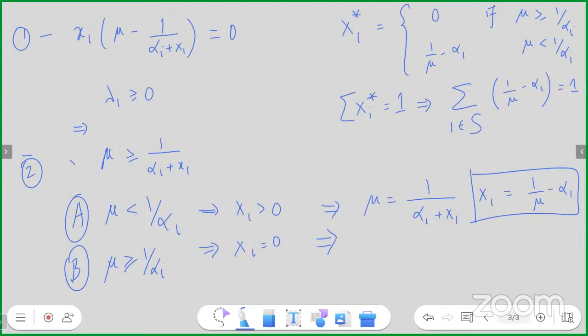How do you actually execute the program? Because how do you find x directly? S is the set where mu is less than 1 by alpha. But mu depends on this.